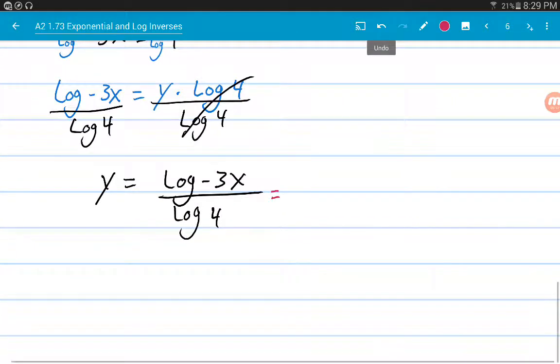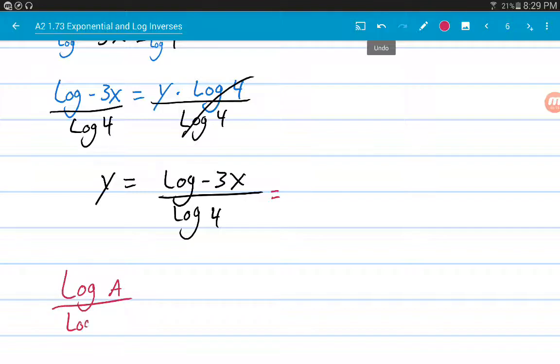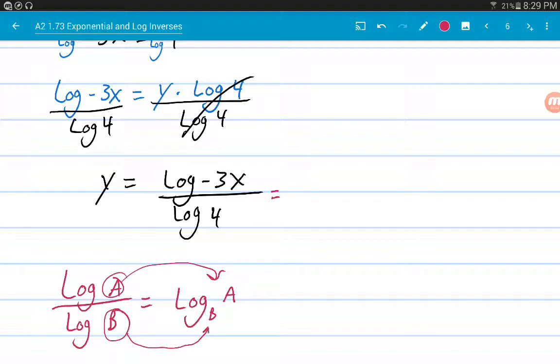The way that that works is following a rule that looks like this. If I have the log of A over the log of B, this is equal to the log base B of A. So the top stays on top and the bottom becomes the base. And that's one way that I can smush two logs together.